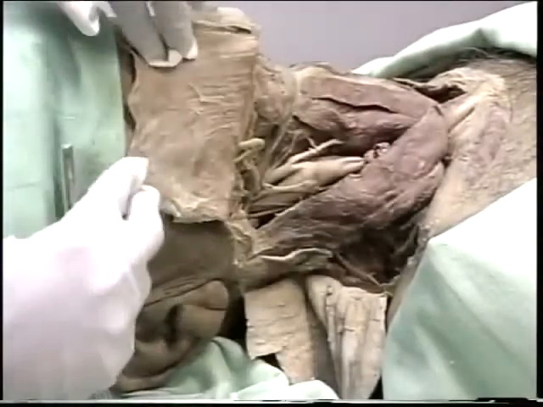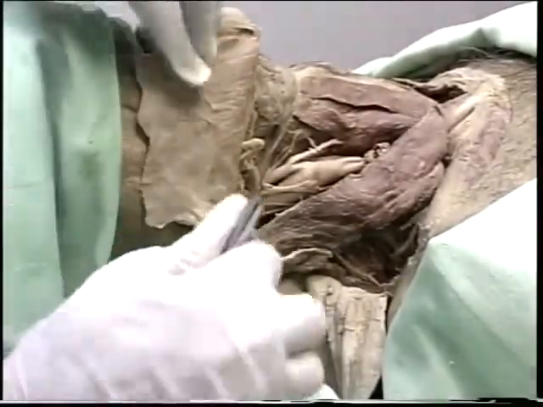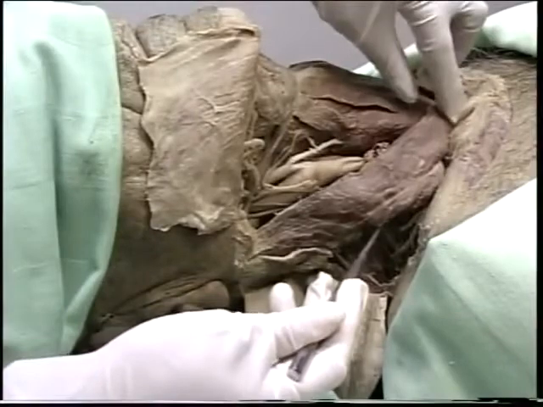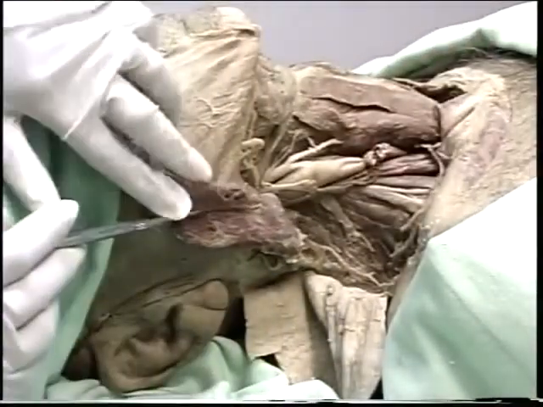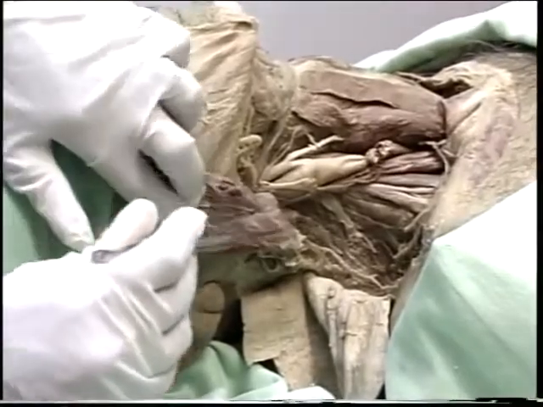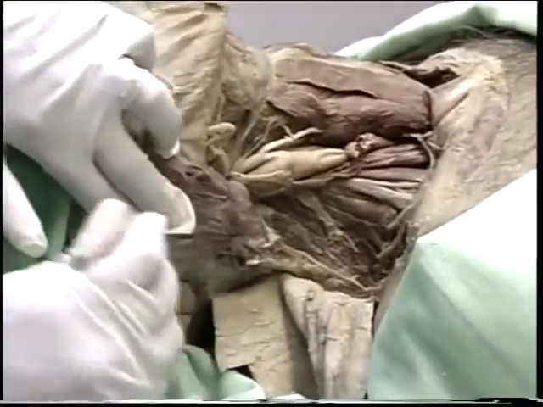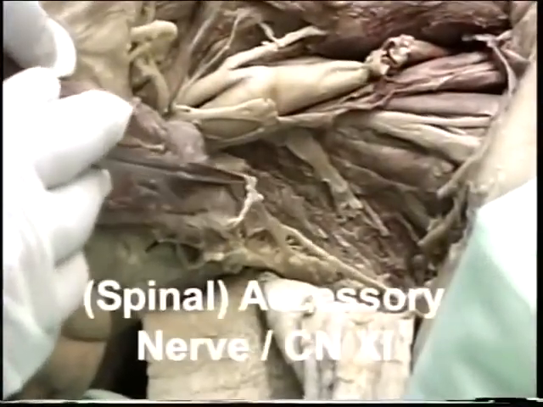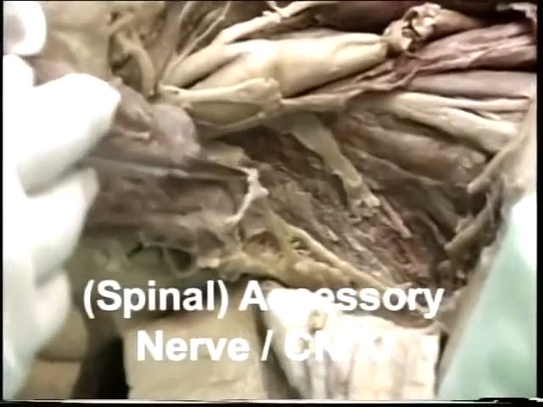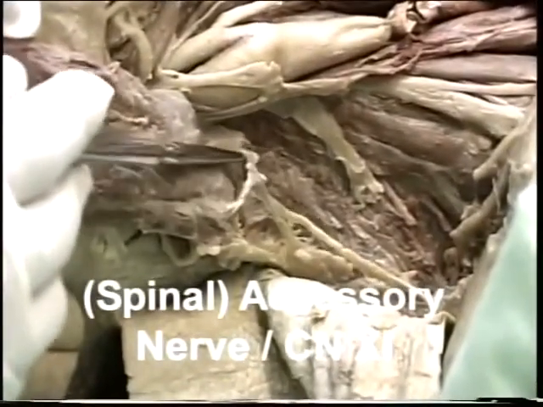I'm going to reflect the platysma up, and there is the sternocleidomastoid muscle. I'm going to reflect it upwards, and now we are looking here at this nerve. This is your spinal accessory nerve, which is the 11th cranial nerve.